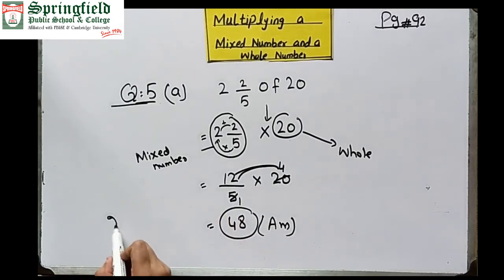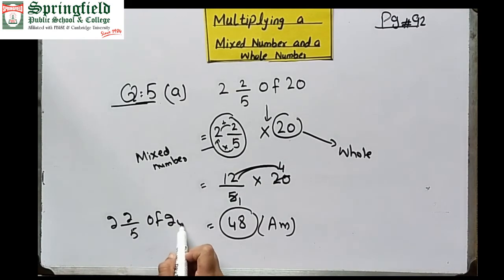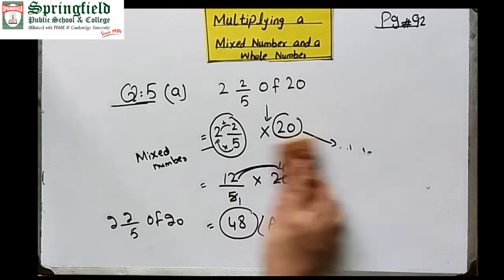So 2 whole 2 by 5 of 20 is equal to 48. Understood, beta? Okay, now all the rest of the parts are your task. Complete these other questions in your notebook. Understood, beta?